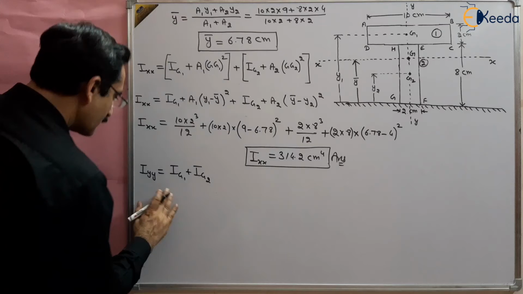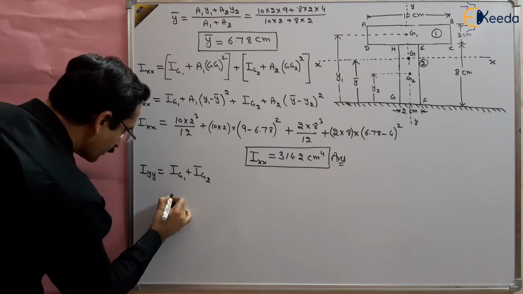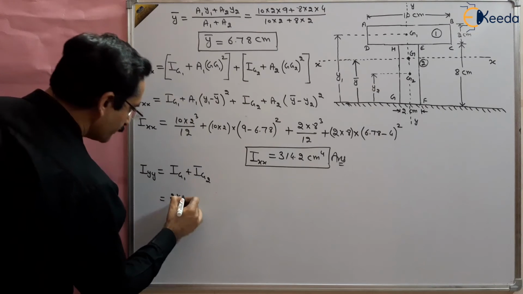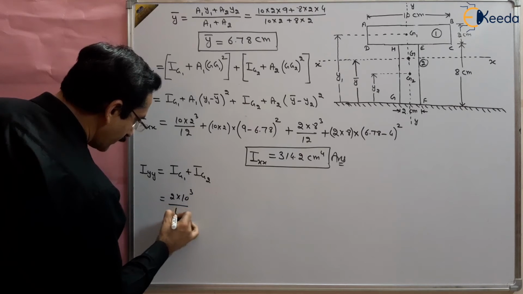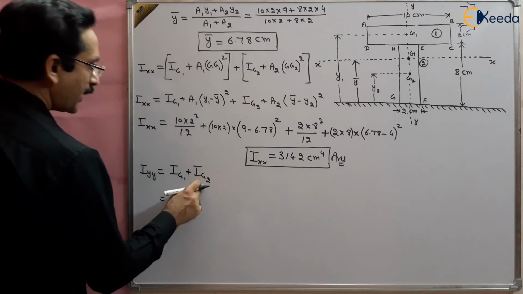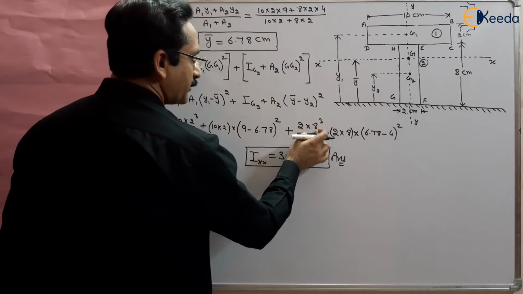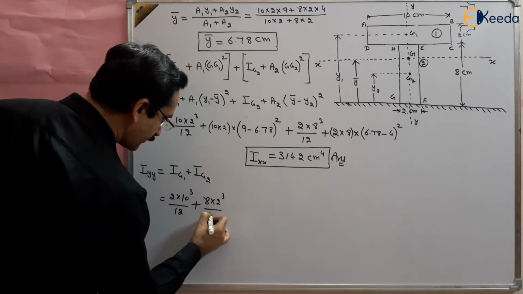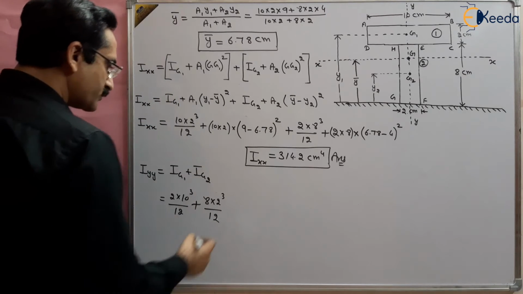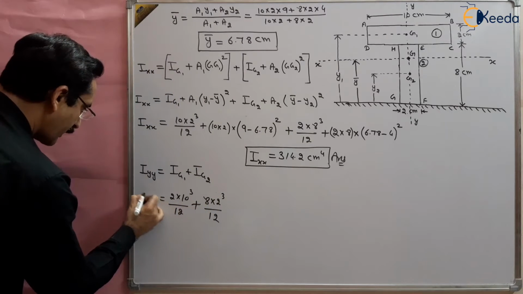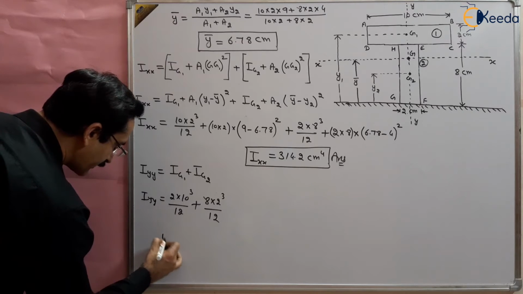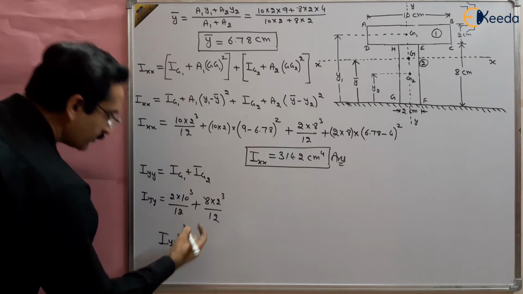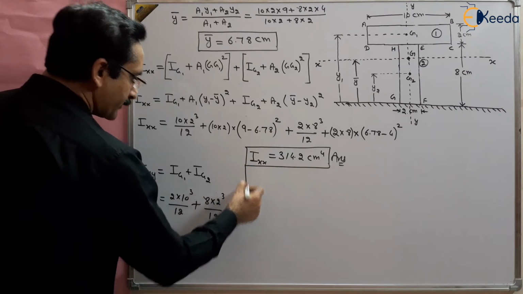Plus Ig2, which is 8 multiplied by 2 cube by 12. So from here we can find Iyy. Solve it mathematically and get the answer.